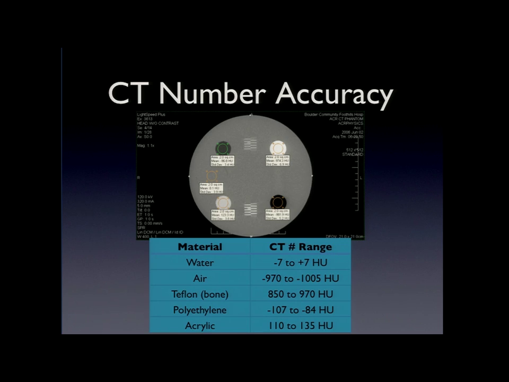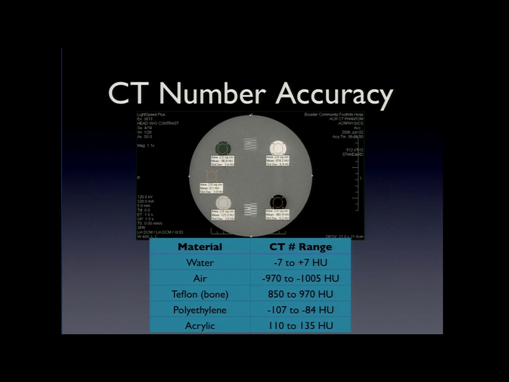Okay. Here's just an example of the CT Phantom and the different test objects that are here. And these are the criteria of what the different test objects should meet. So you want to take regions of interest and place them in there and make sure they pass. If they don't, then one thing I always do is recalibrate it, do it again if it didn't pass. Be mindful of what are the settings.